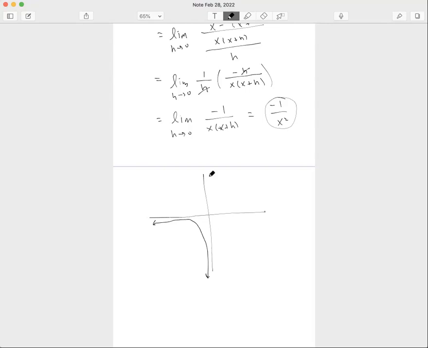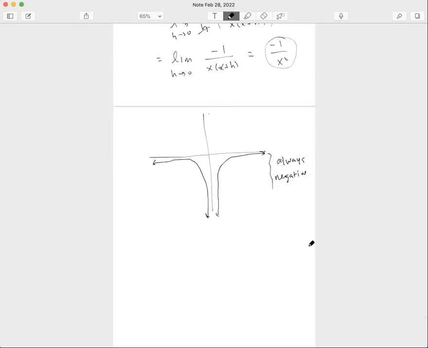It's always negative, right? So notice you're always negative. You give me a value for x.